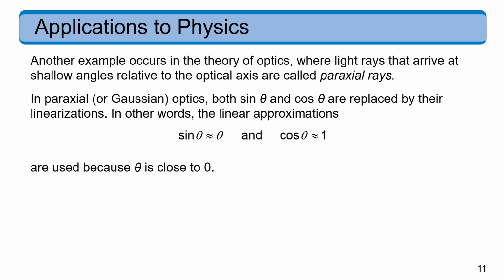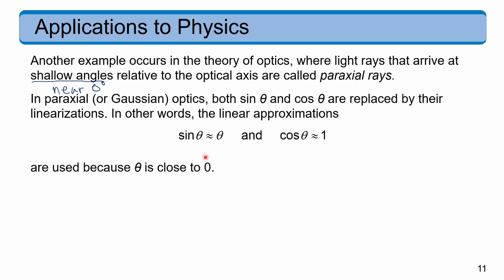Another example in physics is in optics, and there's a case where you have light rays arriving at shallow angles relative to the optical axis. So shallow angles means they're small, they're near 0, so near 0 degrees. Then in this work, both the sine function and cosine functions appear. So what we do is we find the linear approximations to those two functions where we make the tangent point at x coordinate 0 or theta coordinate 0.